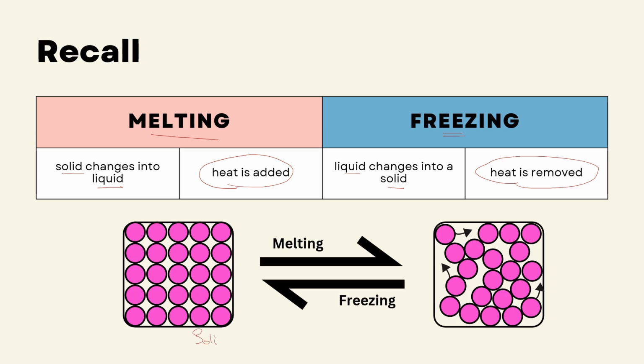When solid was given heat, melting happened and it converted to liquid. When the same liquid was frozen, it converted to solid. So it is a reversible process, and mind it, for reversible we use this arrow.